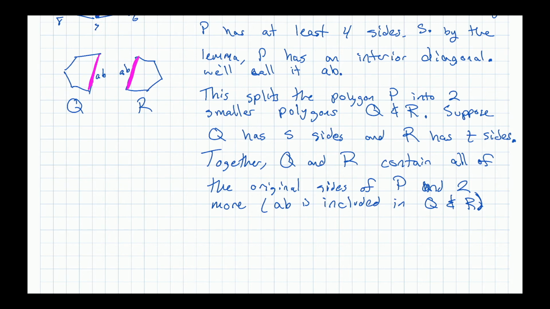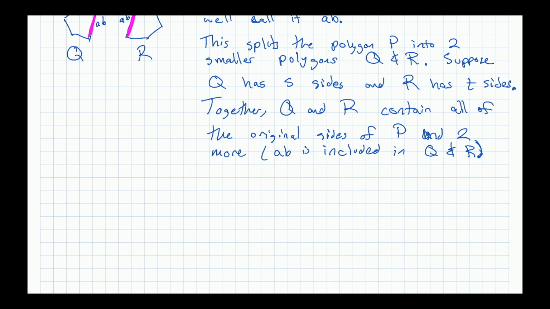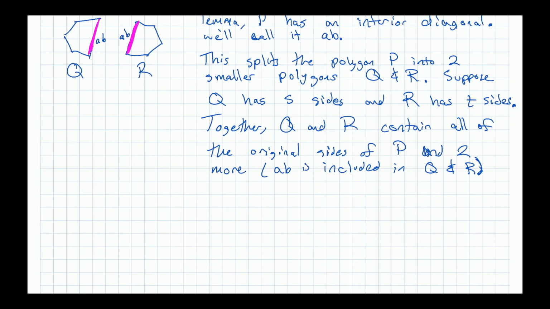Okay, so there you go. So we've split this polygon P into two smaller polygons, and we know how many sides it has. That means if we add up the sides of Q and R, the S and the T, remember we said Q had S sides and R had T sides, so S plus T is equal to K, that's how many sides P had, plus 2, because it's plus AB plus AB.